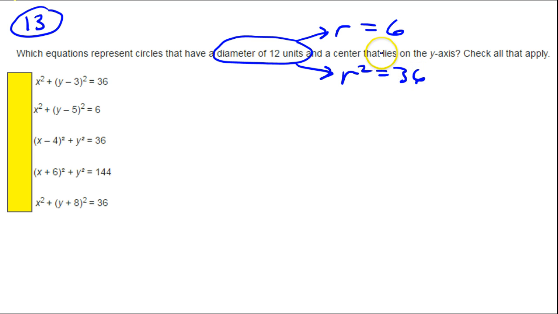All right, so based on that alone, we're only looking at equations that have 36 at the end. So we can forget about this one and we can forget about that one. Okay, now the other piece of information is that it lies on the y-axis.